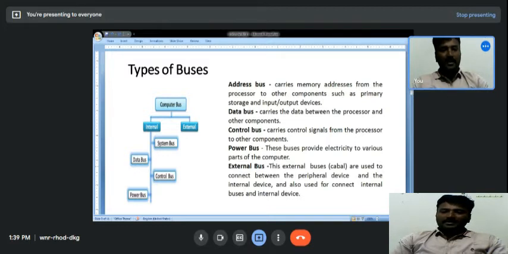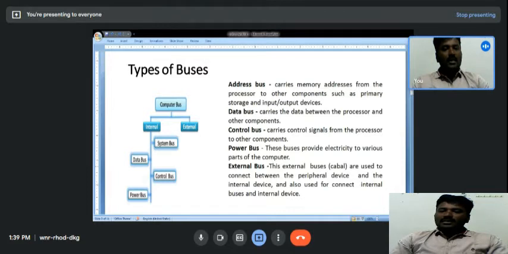The data bus carries the data between the processor and other components of the computer. The control bus transfers control signals, electrical pulses such as read and write, to different parts of the computer.